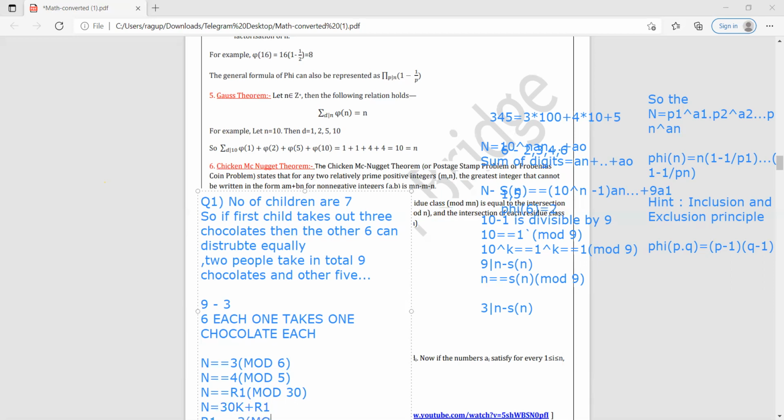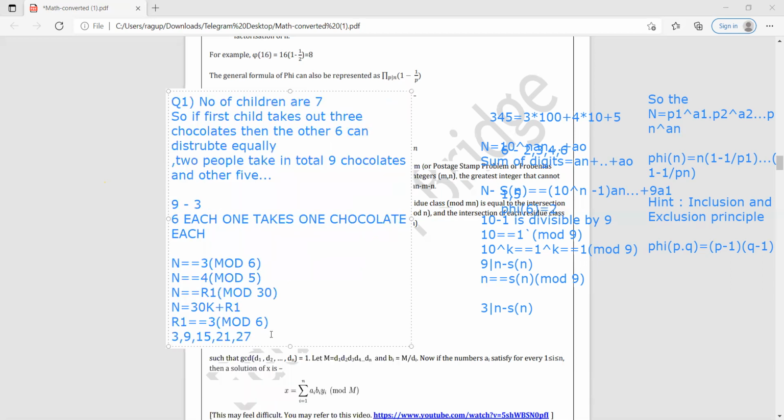And we know from the Chinese remainder theorem that there exists a remainder. So we need to check basically 3, 9, 15, 21, 27.